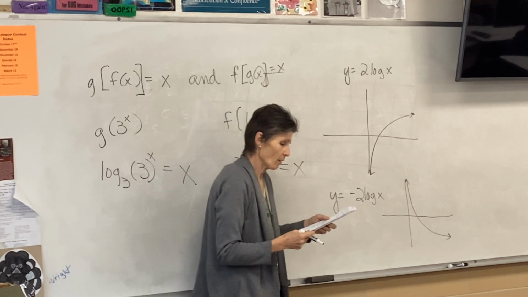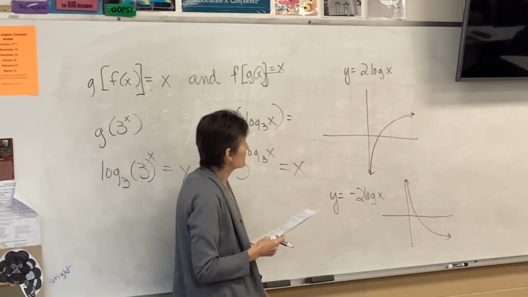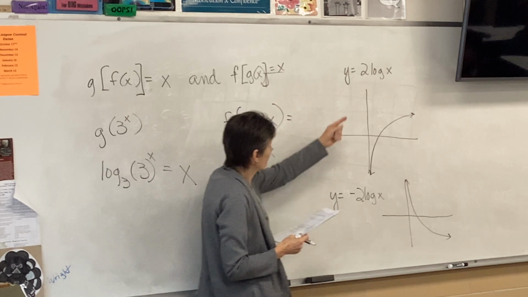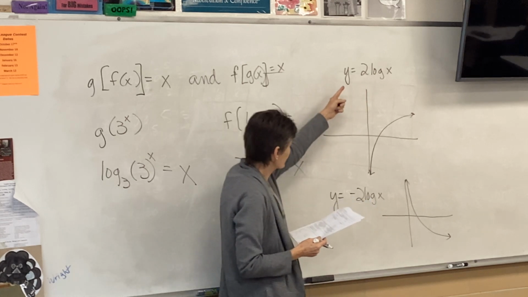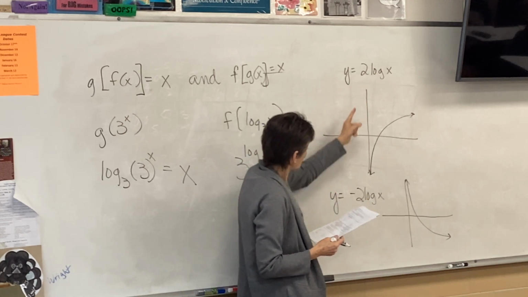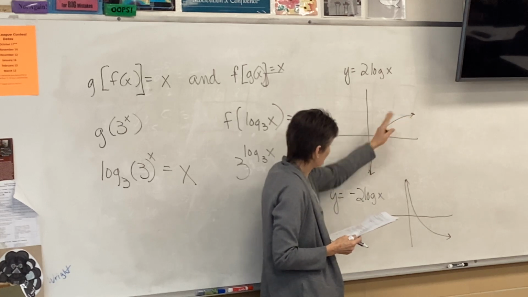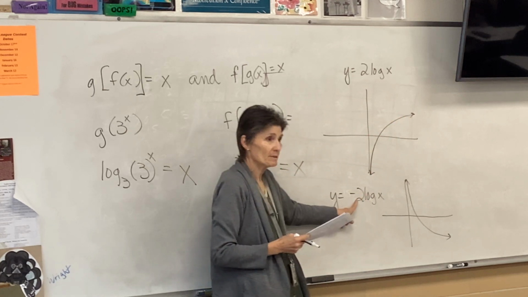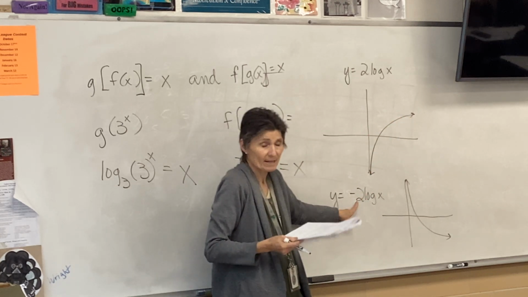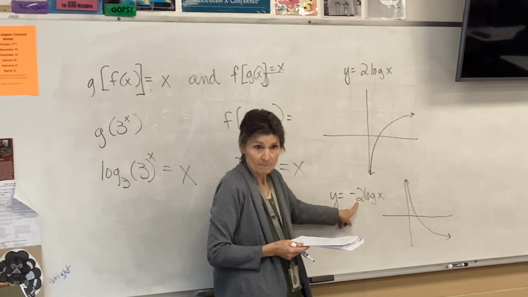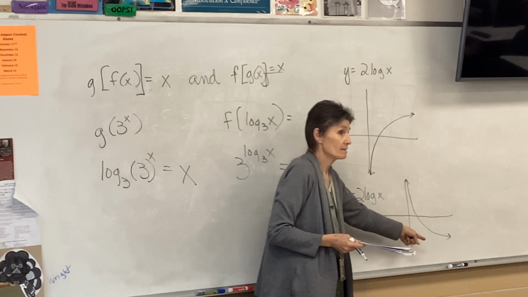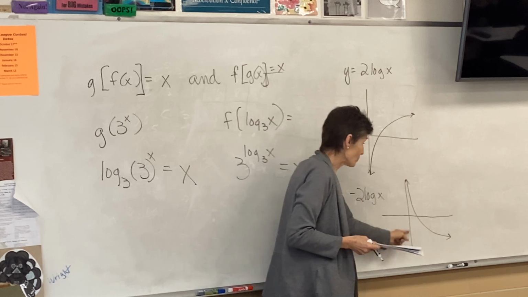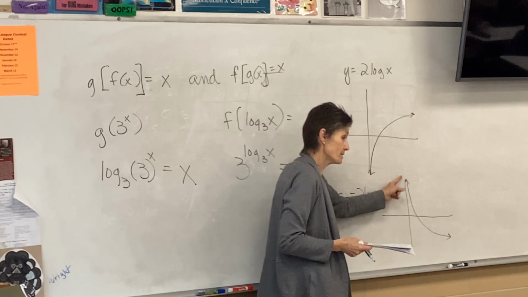So that first part talks about the importance of this number out in front. He calls it A. This is your regular logarithmic function. What happens when you put a negative in front of anything? Flips it upside down, so doesn't that make sense? So the asymptote is still there, the asymptote is still at 0.